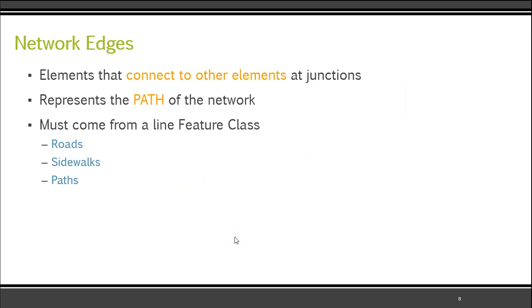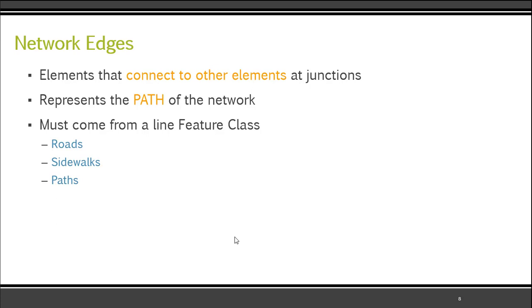All right, so let's talk a little bit more about each of these features. The edges are those elements that connect to other elements at junctions, so they are lines. They represent the path of the network, and they come from a line feature class. If you're modeling the flow of traffic, you're going to have roads as your lines that become edges. If you're modeling how people move across the landscape, you're going to use sidewalks as the pathway.